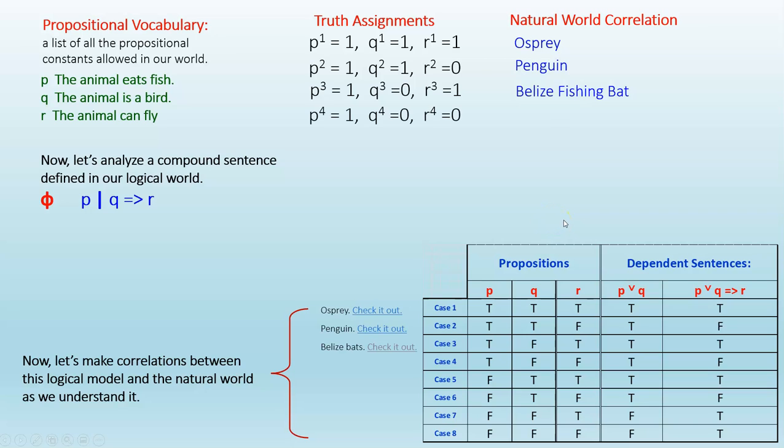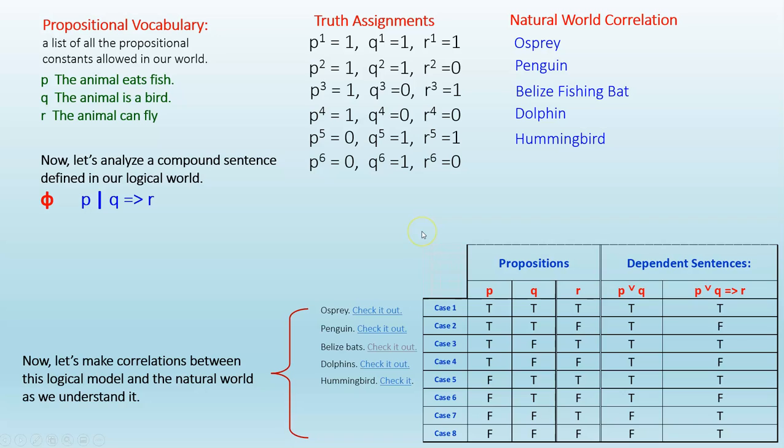The fourth example I say correlates to a dolphin because it's true the animal eats fish, false the animal is a bird. So an animal that eats fish, is not a bird, and cannot fly. So here's an animal that does not eat fish, but it is a bird and it can fly. That's a hummingbird. Here's another one: an animal that does not eat fish, is a bird, but cannot fly.